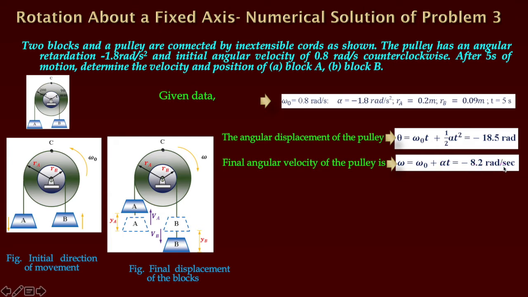Means the direction has been changed. No longer is this the direction of rotation, but finally the rotation is opposite to this direction. As a result of that, block A may be rising up or down, which depends on the magnitude of the displacement. So let's find out the value of this displacement.